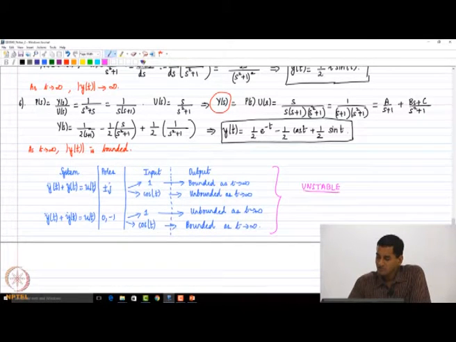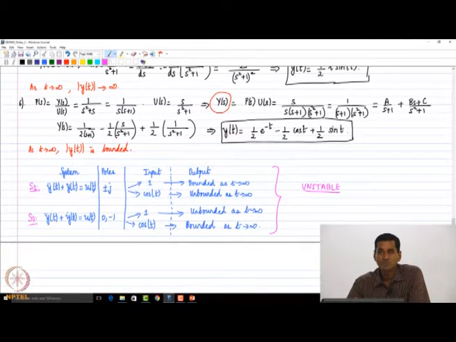But it so turns out that for the first system, let me call them S1 and S2, the output is unbounded only if we give a sine t or a cosine t as the input. For a unit step input or any other bounded input like a sine or a cosine of any other angular frequency other than 1, you can show that the output is going to be bounded.